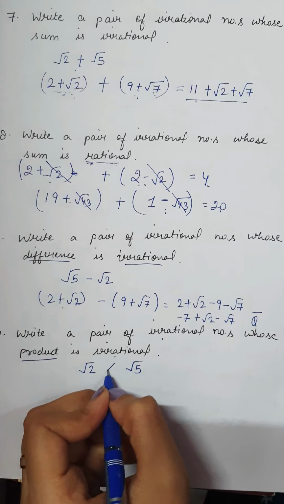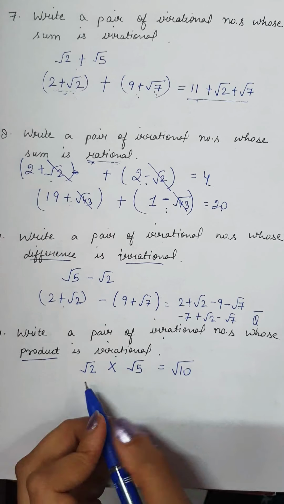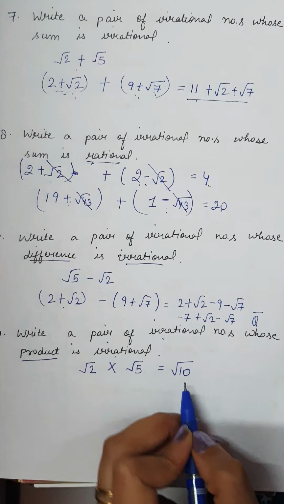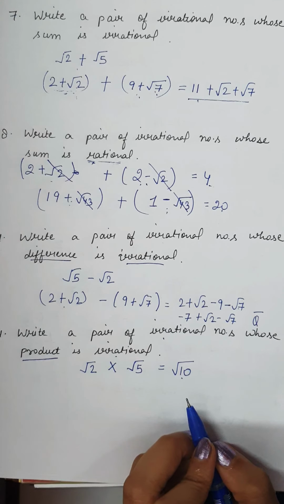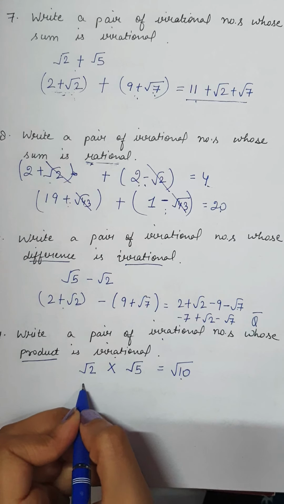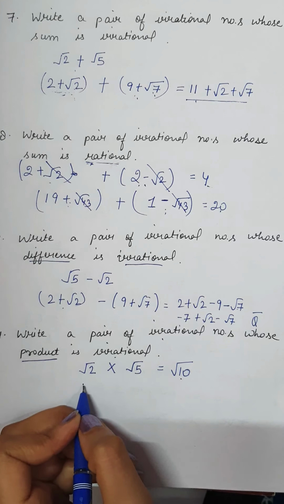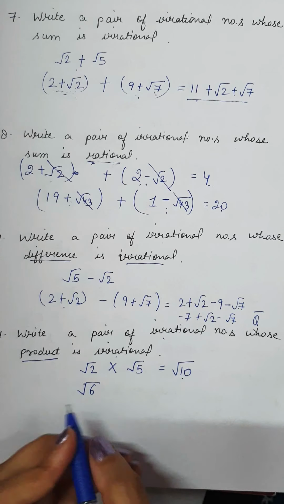Perfect. If I multiply them, I will get under root 10. In multiplication, I can multiply them. Under root 10 is an irrational number. You can take anything, but the answer should be proper. Suppose I say under root 6, irrational? Yes.